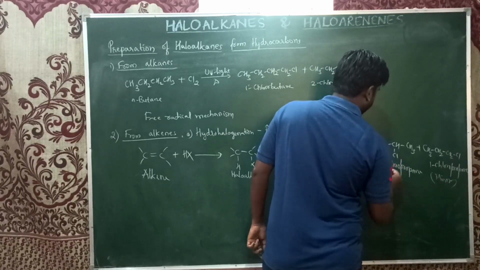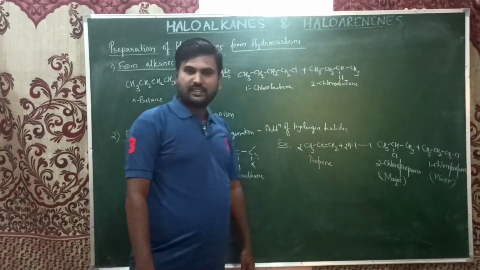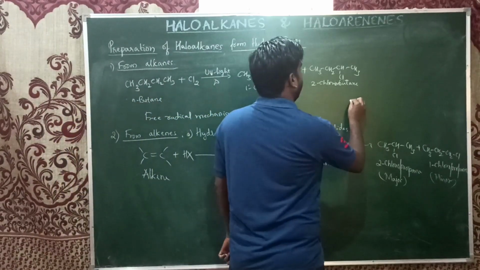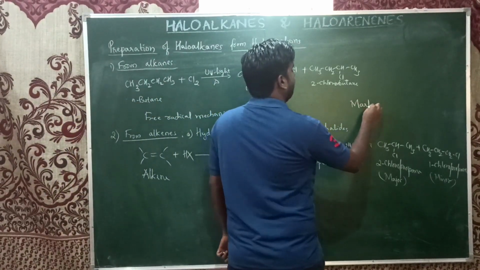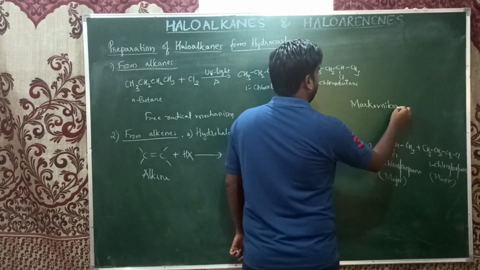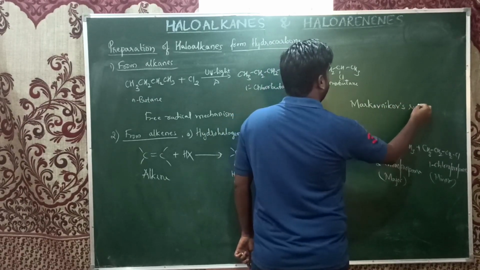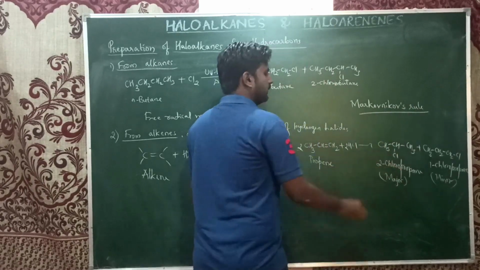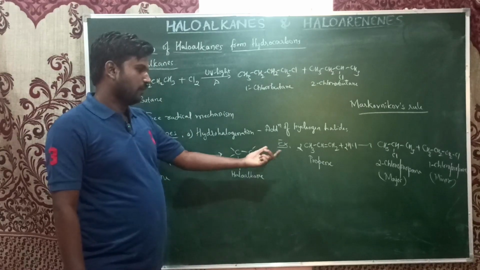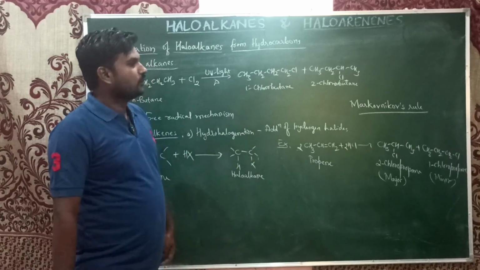You know why it is? Because you have studied it in the first year. As a hint, I'll write here: it obeys Markovnikov's rule. 2-chloropropane is the Markovnikov product, hence it is the major product. You know Markovnikov's rule, right?